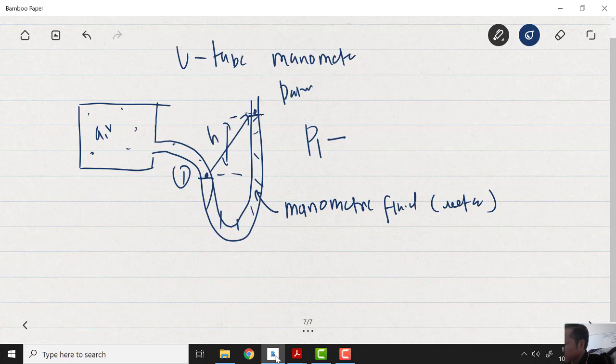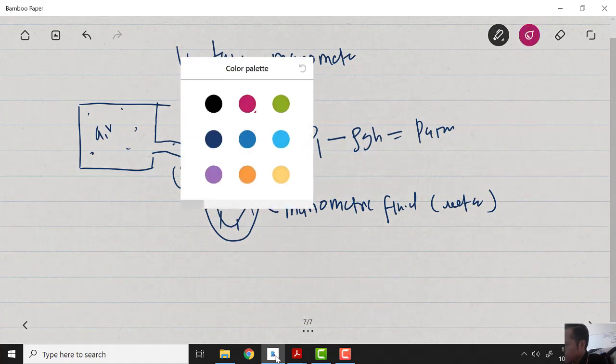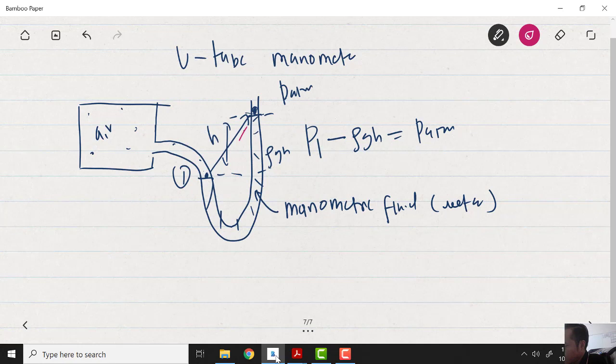The pressure is measured using rho g h, so rho g h equals P atm. If you measure from the upper layer, you go down, so it becomes plus.